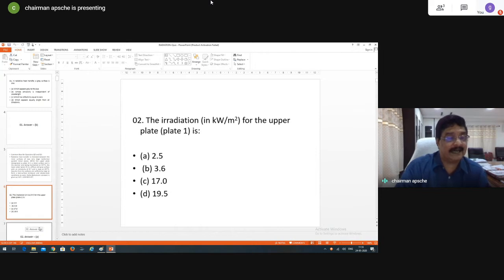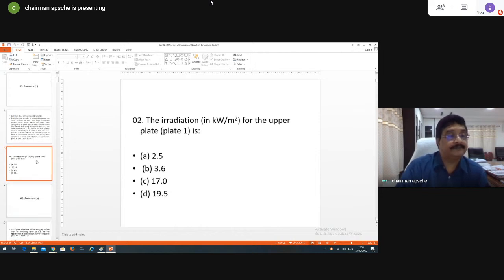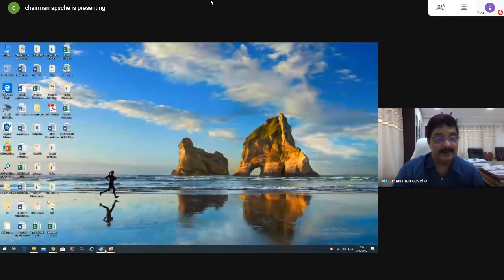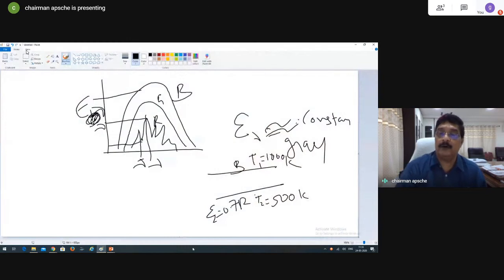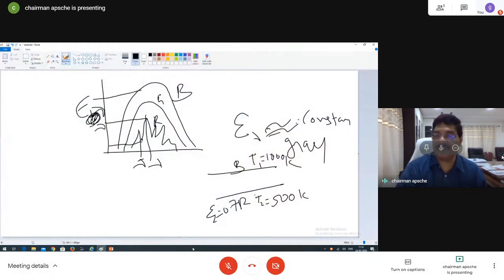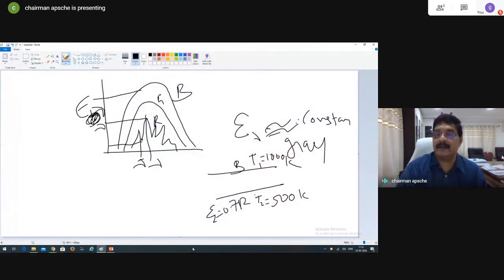So for this data, what is the irradiation coming on it? It's a real surface that is sending radiation, so what is coming on it is J2.